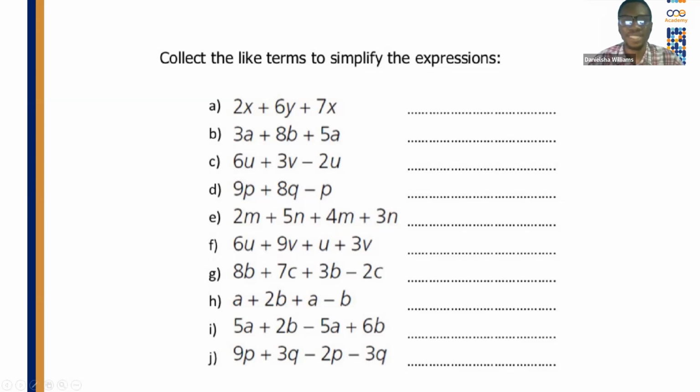Who was number C again? I think it was Natalia, sir. Natalia, are you still with us? Sir? Yes. Have you tried question C as yet?